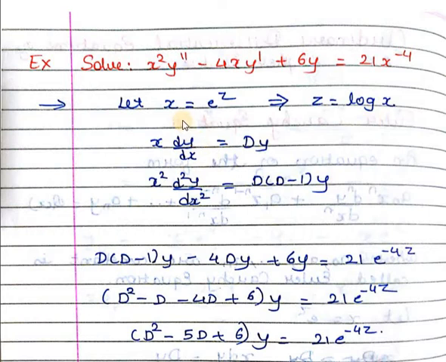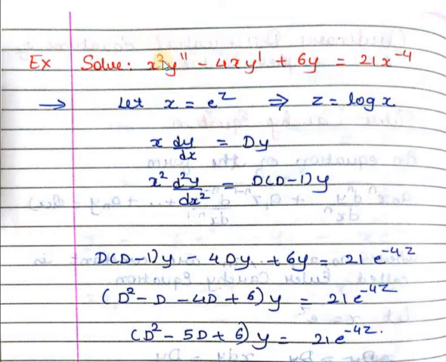Now if we suppose x is equal to e raised to z, then x dy by dx will be converted into Dy. Same way, x square d square y divided by dx square will be converted into D into D minus 1 y.